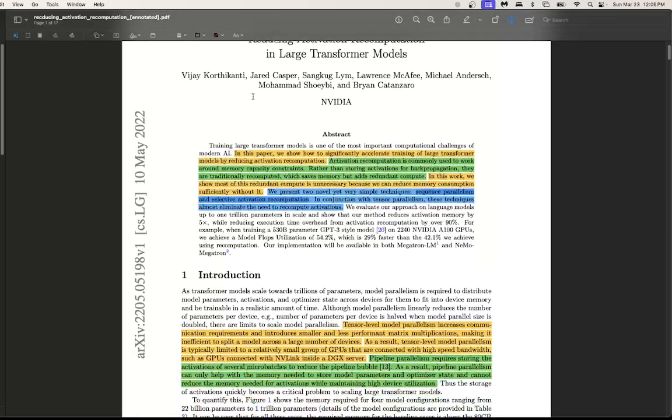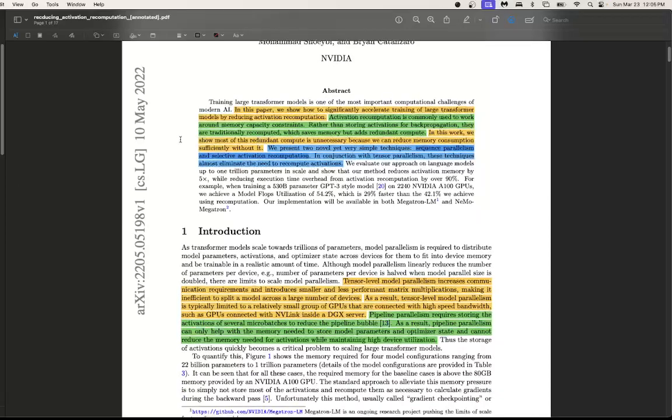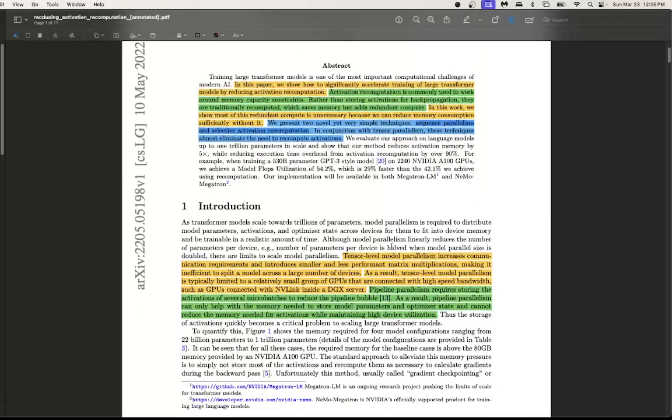So basically, starting in the beginning here, they reintroduce tensor parallelism and pipeline parallelism, which are the two true forms of model parallelism that have been popularized at this time, and which they are trying to find ways to improve.